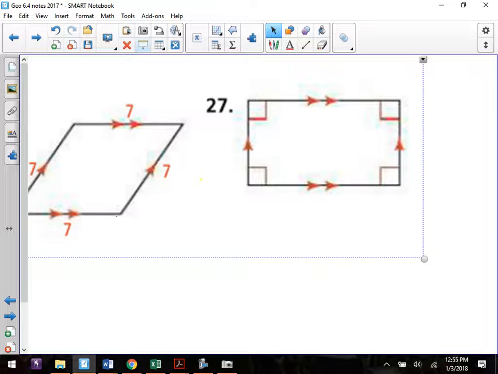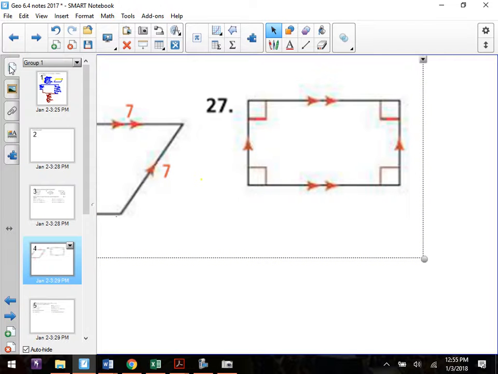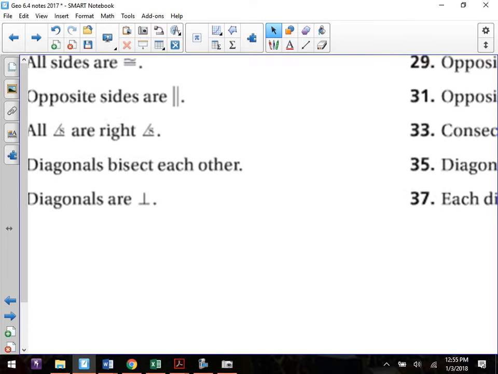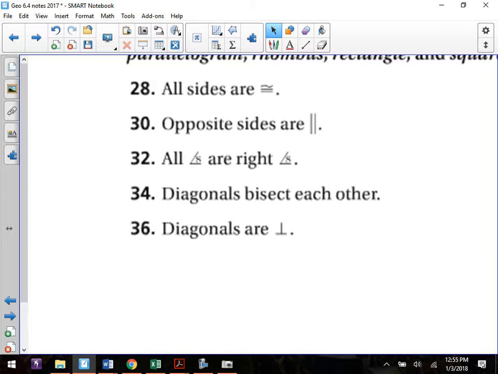Now, when you look at the diagrams, it's for some reason more difficult for you guys to do it via diagram, but yet if you look at it in terms of a list, you'll get these right all day long. For example, what shape or shapes have all sides congruent? Square and a rhombus. Okay.